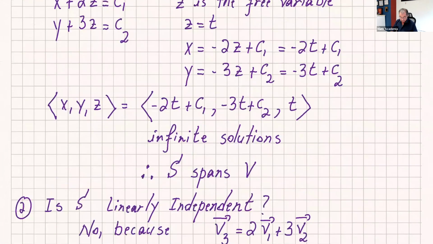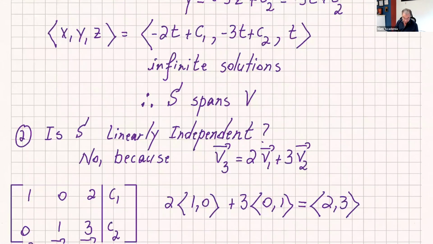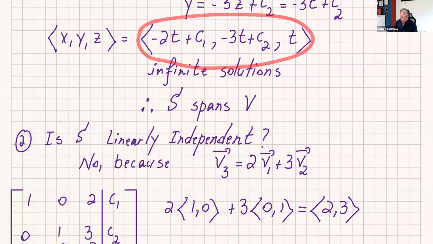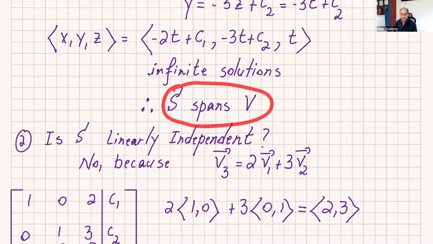So if we write the components X, Y, Z, in this case we get negative 2T plus C1, negative 3T plus C2, and we called Z to be T. As we can see, T and C1 or C2 can be any numbers. So we have an infinite number of solutions, no restriction here. So the conclusion is S spans V.